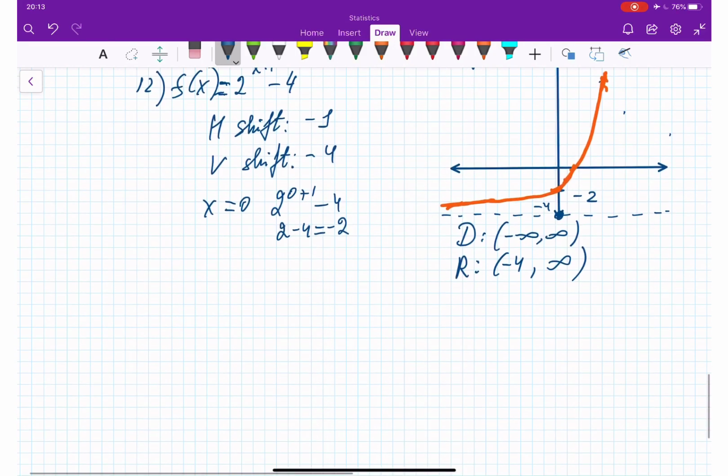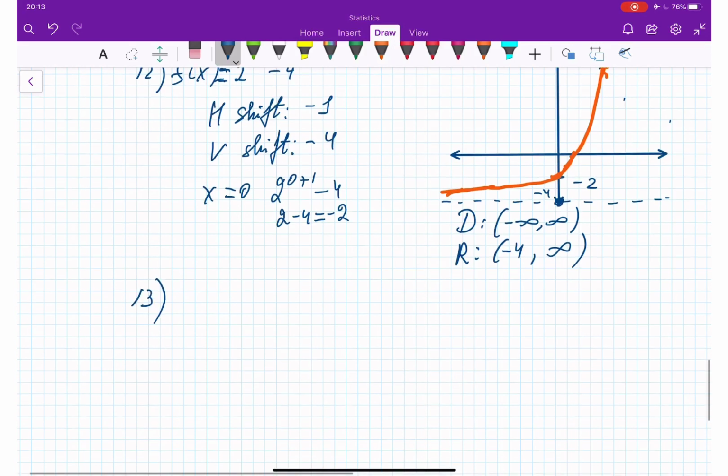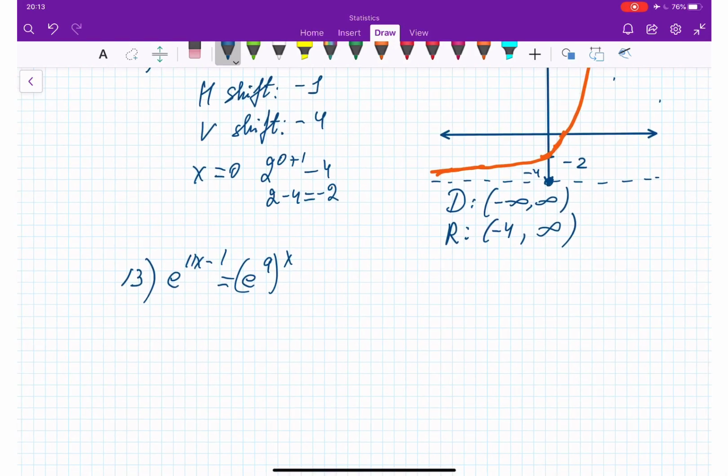Number 13. Solve the equation e to the power 11x minus 1 is equal to e to the power 9x. Okay, so what do we have?